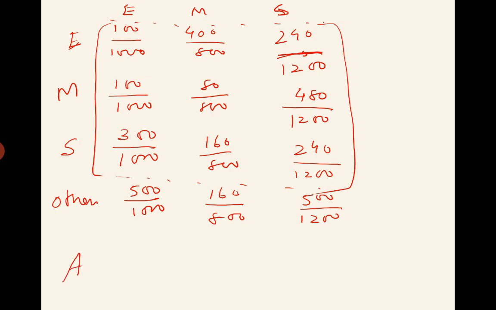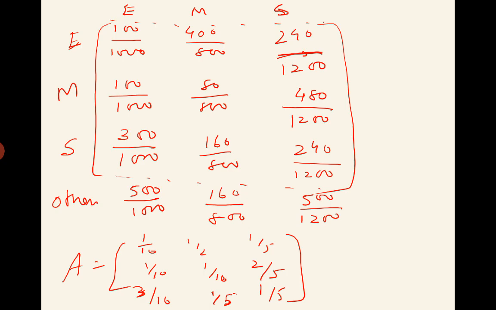This ratio matrix A will be 1 over 10, 1 over 2, 1 over 5 in the first row, 1 over 10, 1 over 10, 2 over 5 in the second row, 3 over 10, 1 over 5, and 1 over 5 in the third row. So this matrix is called a coefficient matrix.